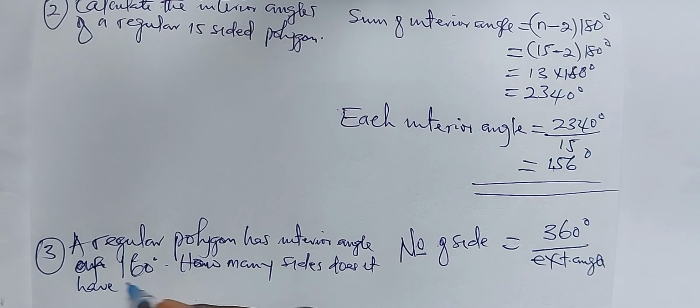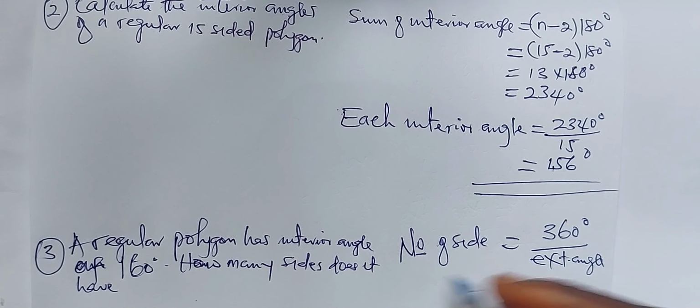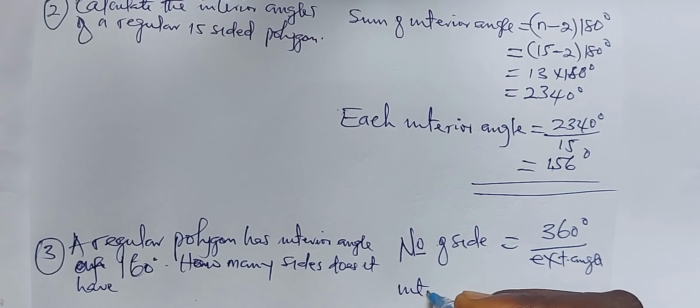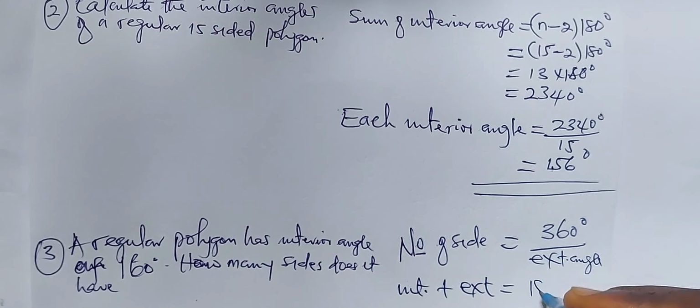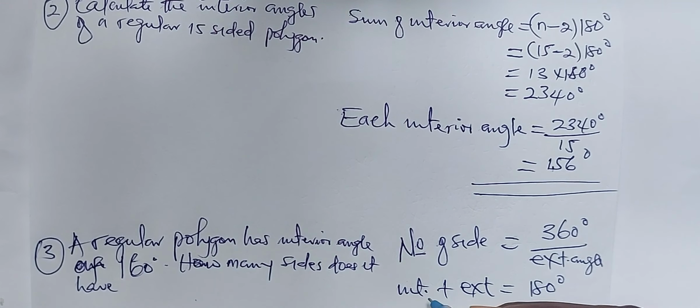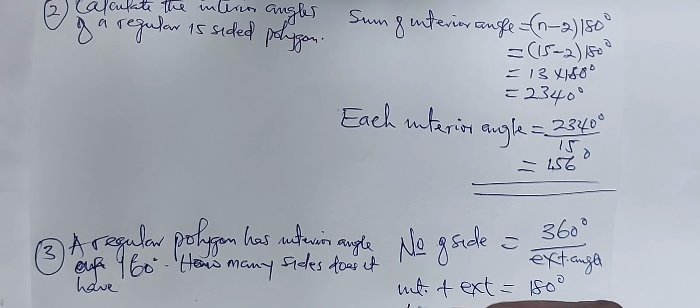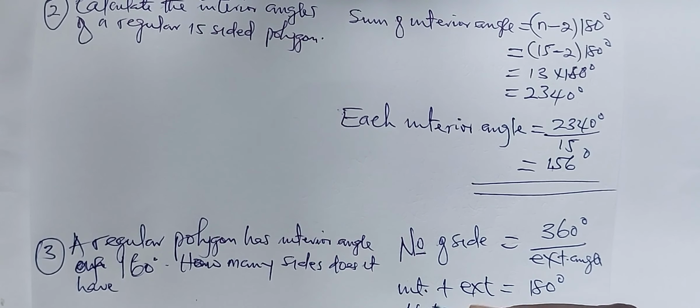Okay, so we have the interior already, and there is a formula connecting interior and exterior: interior plus exterior equals 180. The interior is given to be 160 degrees, plus exterior equals 180.